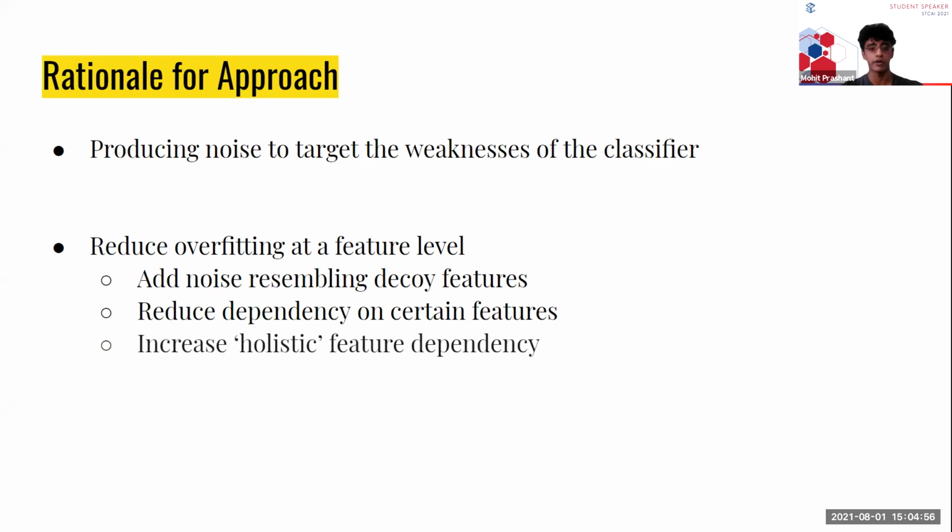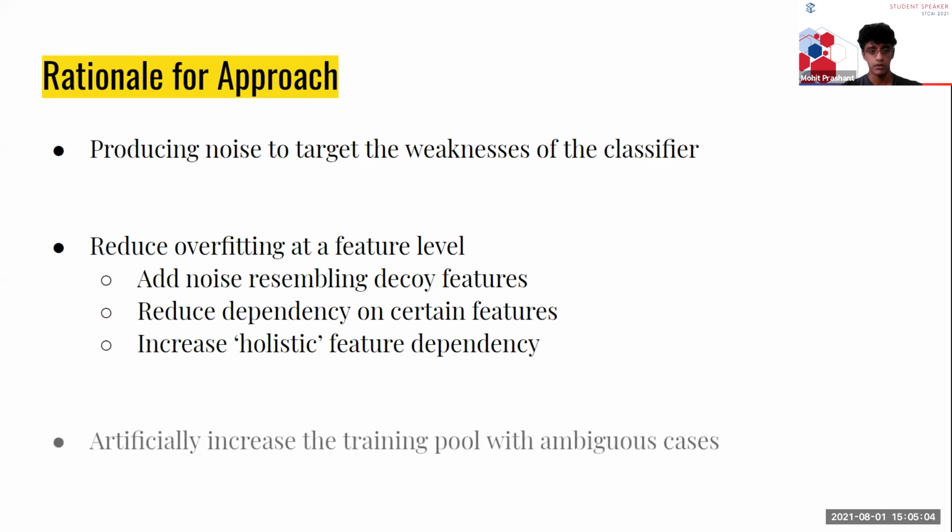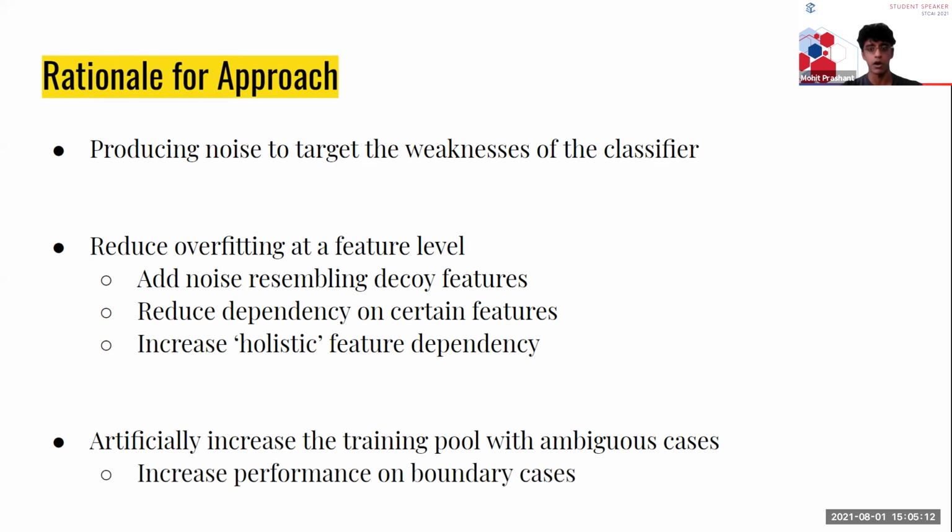And lastly, we'd be able to increase holistic feature dependency. That is, we'd be able to take into account all aspects of an image before providing a label. And lastly, of course, we'd be able to artificially increase the training pool with ambiguous cases. By ambiguous cases, I mean boundary cases that have ambiguous labels. Some examples of these were extracted from the MNIST dataset, and as you can see why they'd be considered boundary cases.